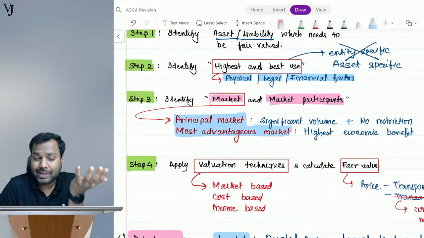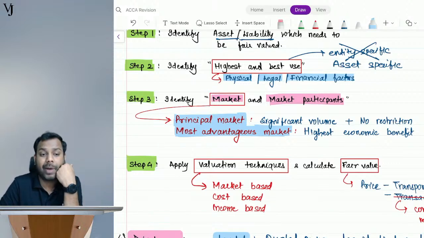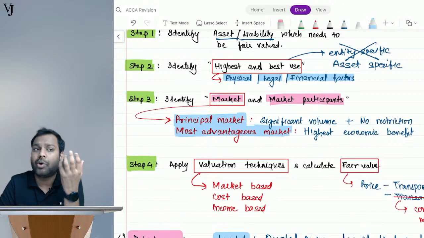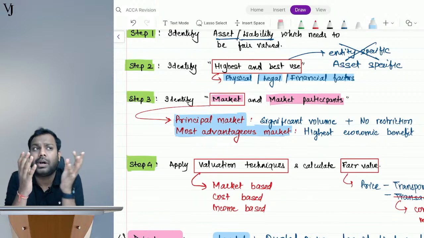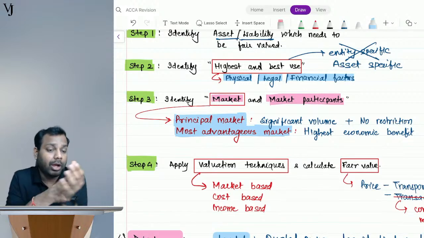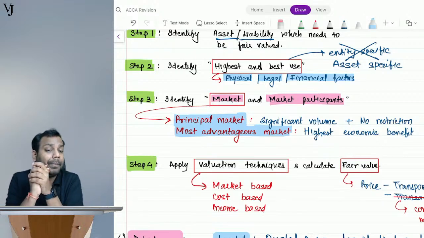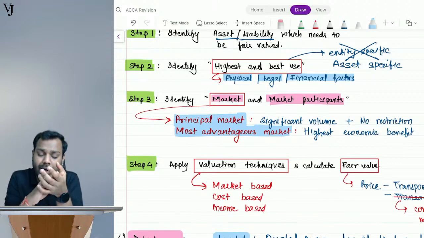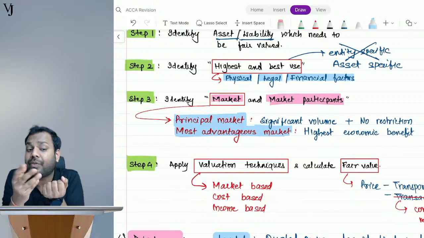For video editing equipment like cameras and lighting systems, Mumbai is the principal market. So you have to identify the principal market based on where that asset is sold in sufficient volume.